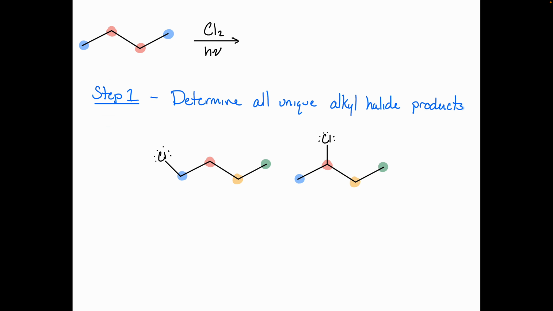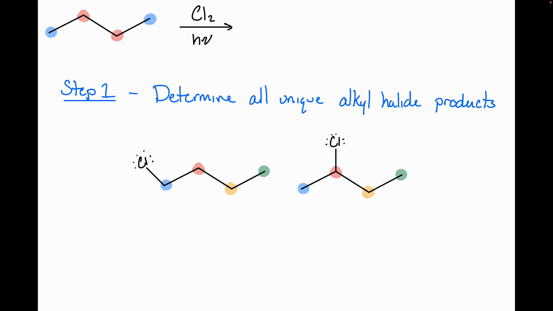So kind of narrowing down my colors here, not all four of those carbons are unique. These are the same, and these are the same. So that's step one. We determined our number of chemically distinct groups.